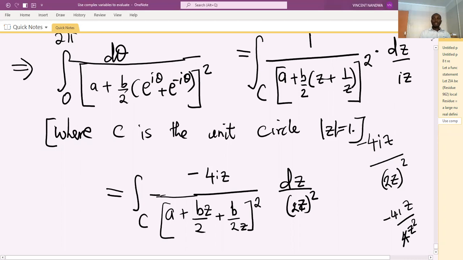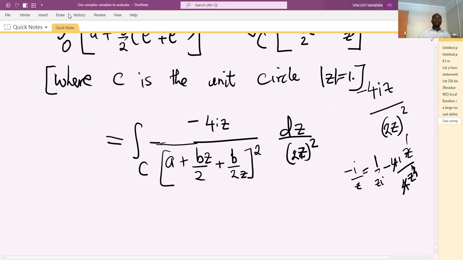So this and this cancel out, and 1z and then 1z here. So saying negative i over z is the same thing as saying 1 over zi. So it's still the same expression. I'm just writing this one for easy simplification.